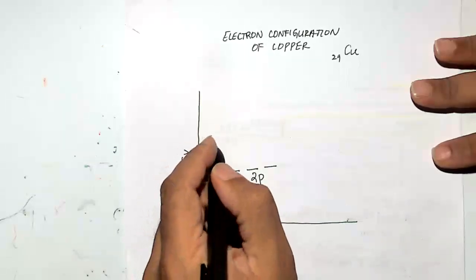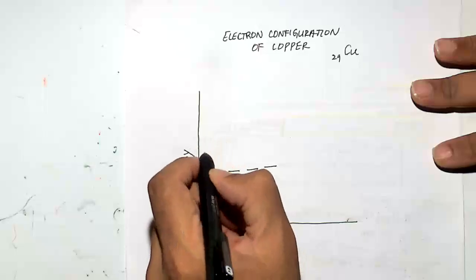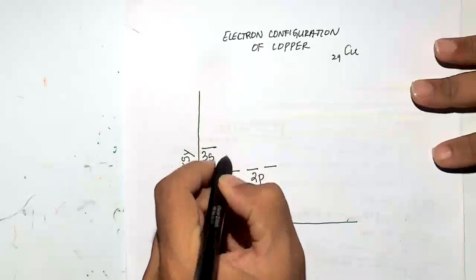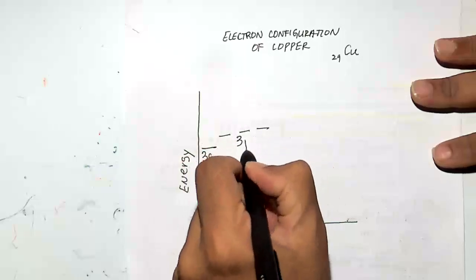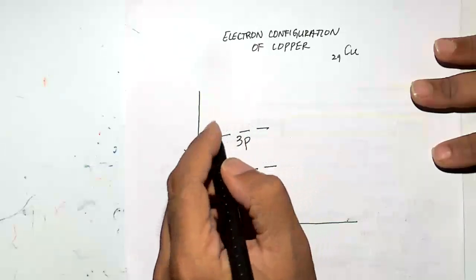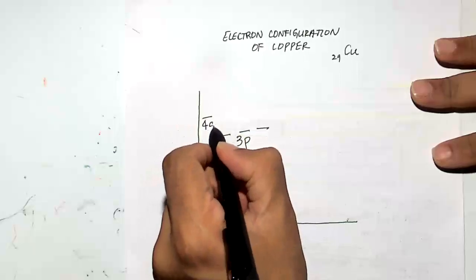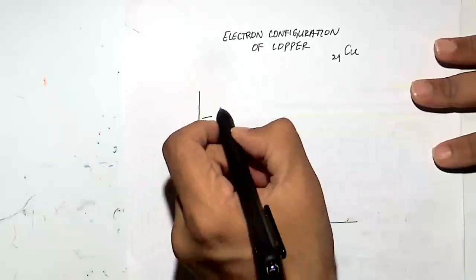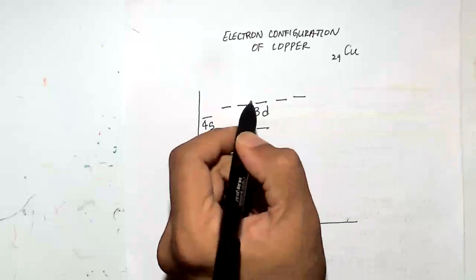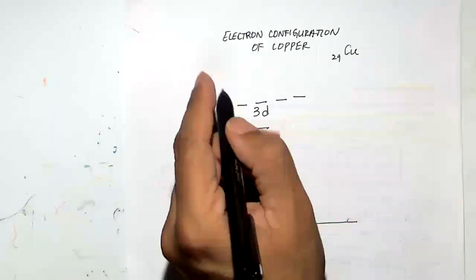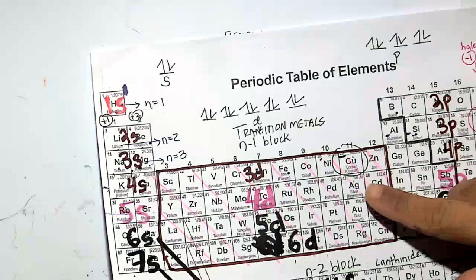After 2p, what will they fill? 3s. After 3s, what will they fill? Very good. 3p. After 3p, what will they fill? 4s. And after 4s, what will they fill? 3d.